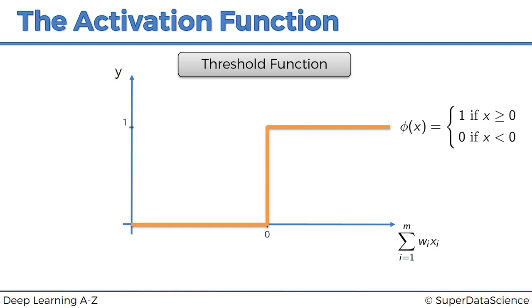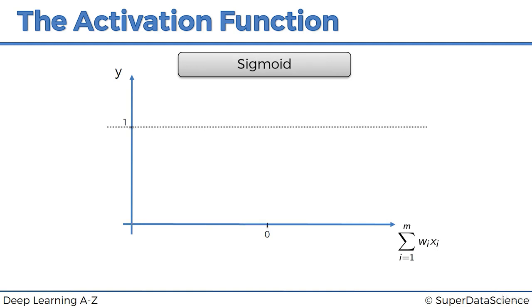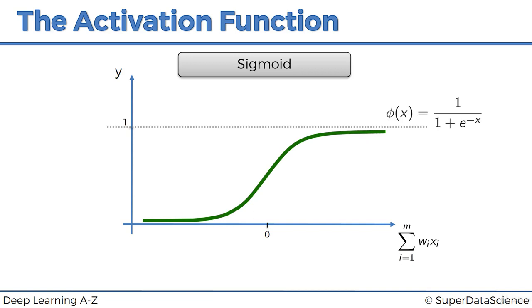Let's move on to something a bit more complex now. The sigmoid function, a very interesting formula that we have here. There it is: 1 divided by 1 plus e to the power of minus x, where x is the value of the weighted sum. And this is what the sigmoid looks like. It's a function which is used in logistic regression, if you recall from the machine learning course.